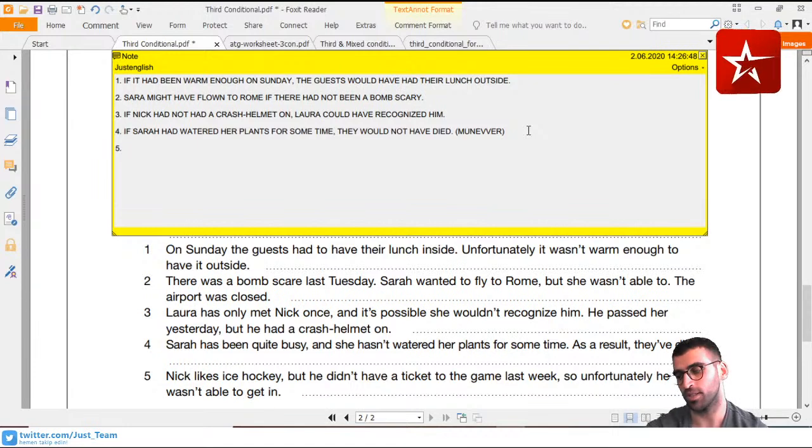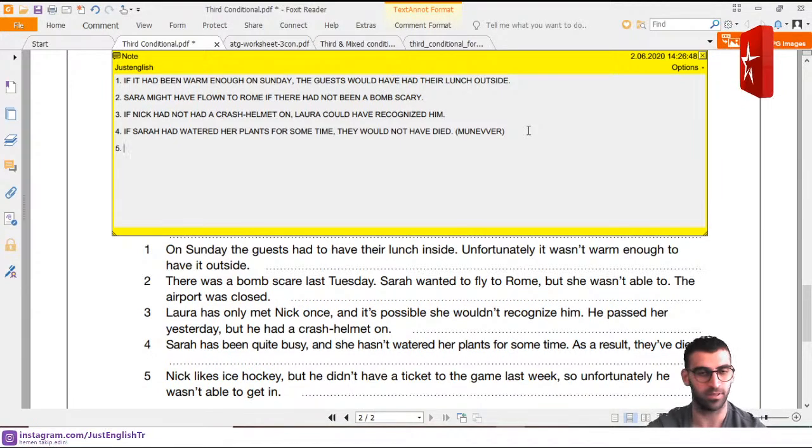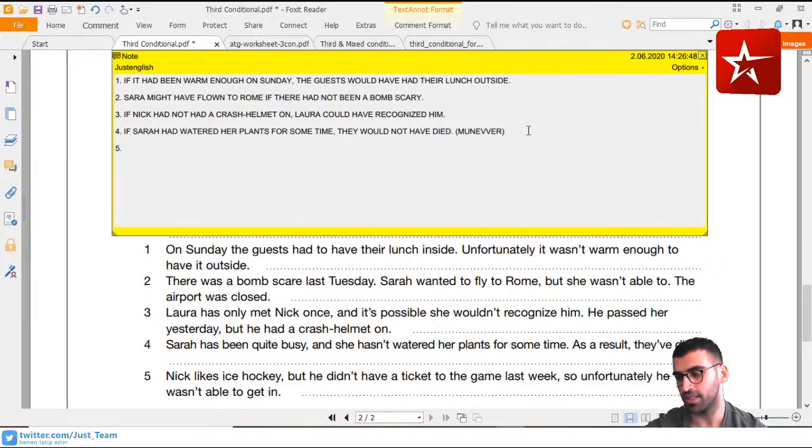But Banofshe, after if we have to use had, like had. Just pay attention to the sentence and correct your mistakes, please. Yusafa says if Nick had been a ticket, not had been. Yusafa, it's not the correct answer. Nejat Ünlü says if Nick had a ticket of a hockey game, which is his favorite sport, he would be able to get in. Nejat, this is an imaginary situation, okay?